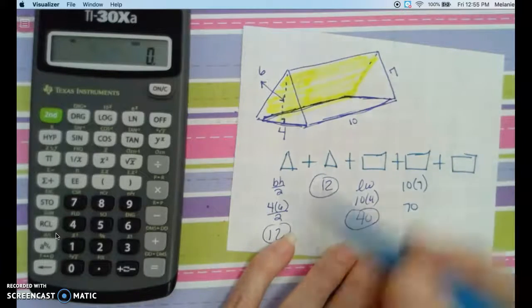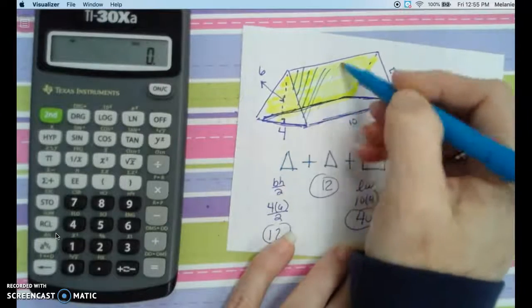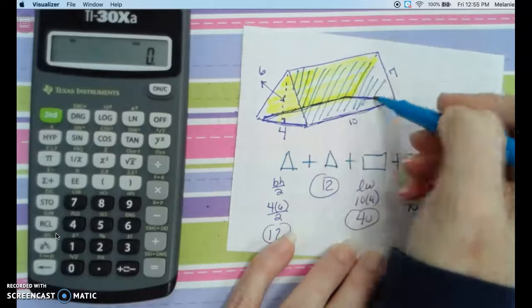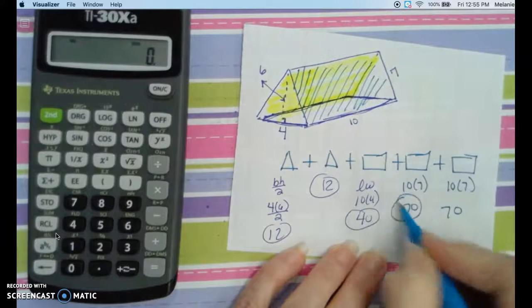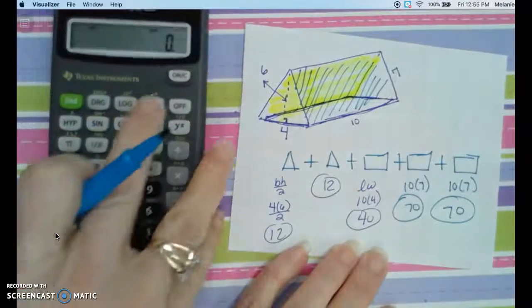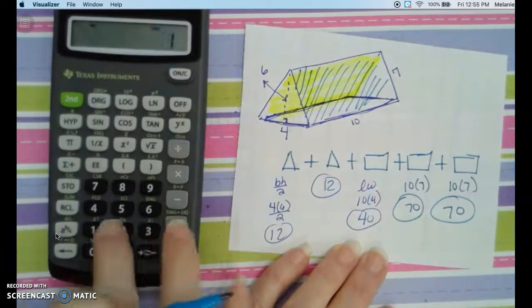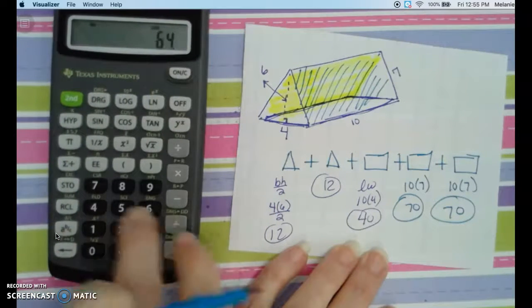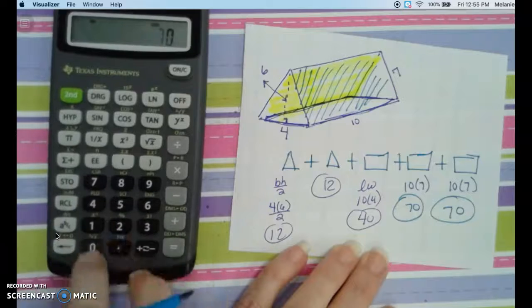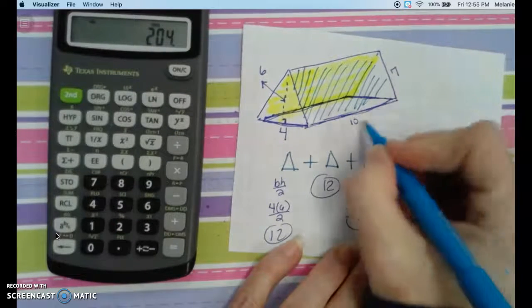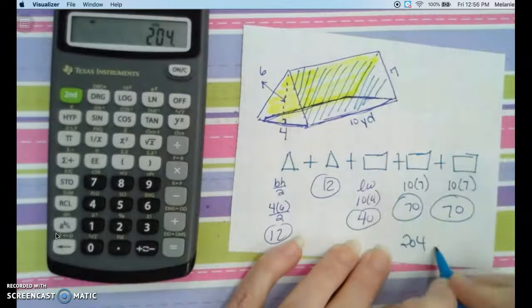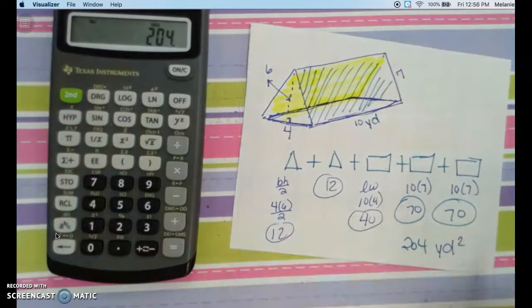And then we do this side, which is 10 and 7, so 70. So now I've got all 5 pieces. So 12 plus 12 plus 40 plus 70 plus 70, 204. And I didn't put a measurement there either, but if all of those were yards, it would be square yards.